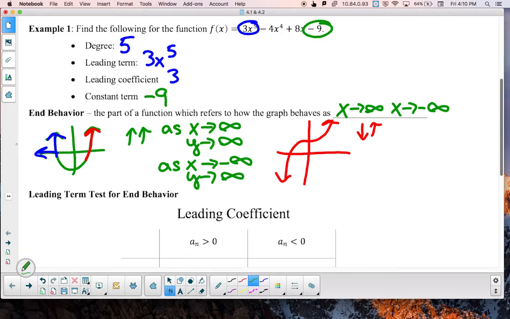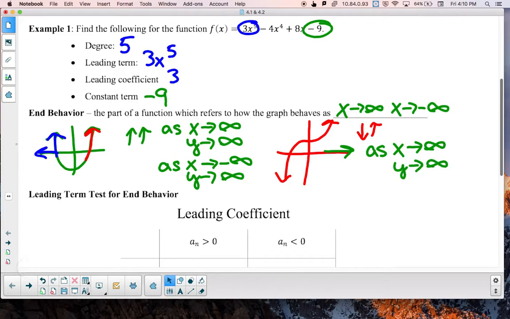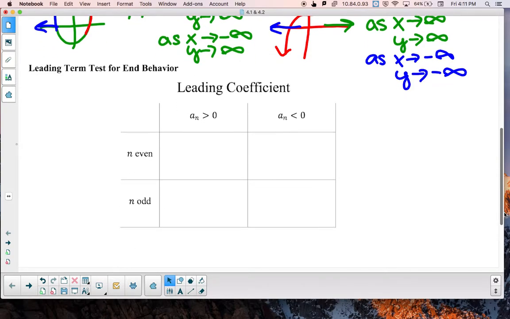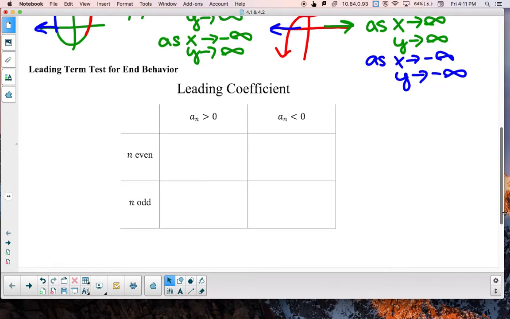As x approaches infinity, so that's going this way, y approaches positive infinity, and as x approaches negative infinity, so that's going this way, y approaches negative infinity in this case. And so our leading coefficient tells us our end behaviors.